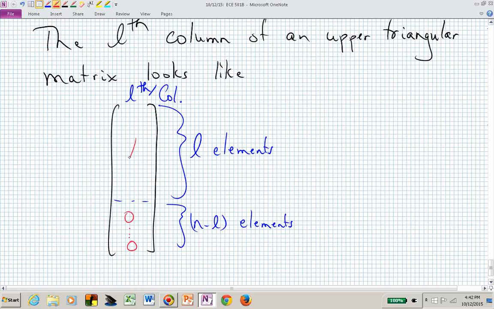And above it could be anything. Meaning, let's now just rewrite that as a sub 1L, a sub 2L, down to a sub LL, and then we have 0 below that.